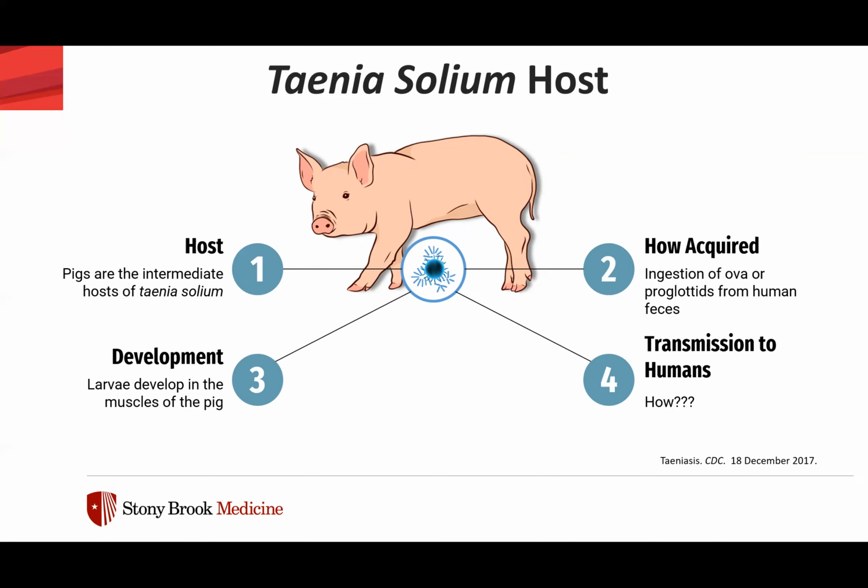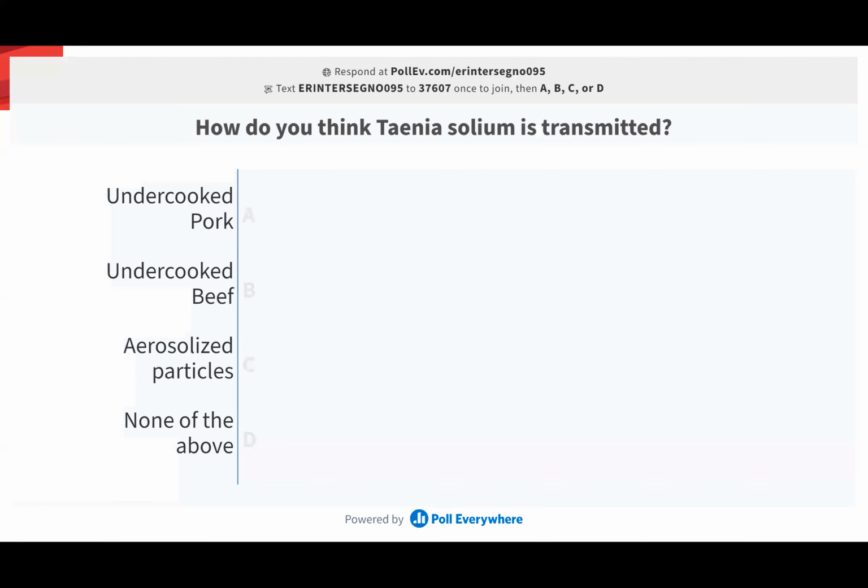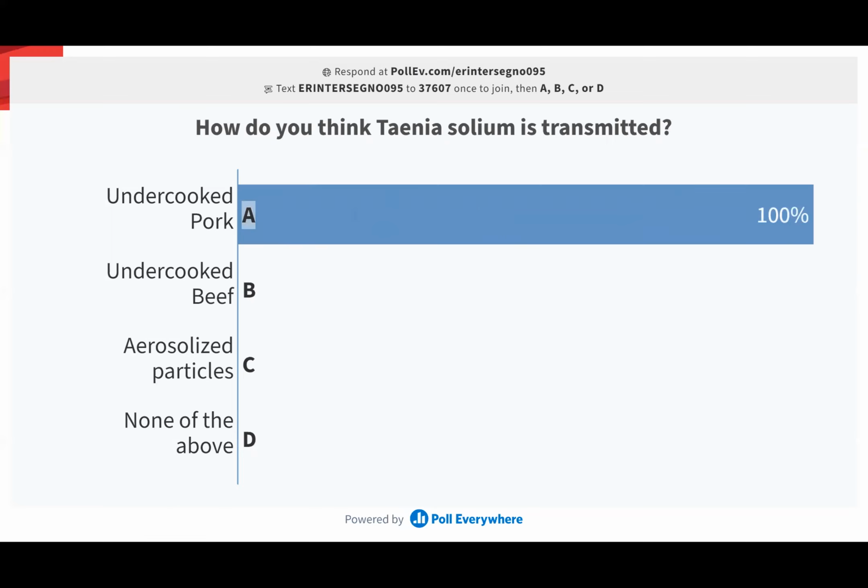So this brings us to question 4, and talking about in the beginning, how do we think that this is transmitted to humans in the first place? Do you think humans contract Taenia solium through undercooked pork, maybe eating undercooked beef? Is it through aerosolized particles from those microscopic eggs that again can live in the environment up to months, or is it none of the above?